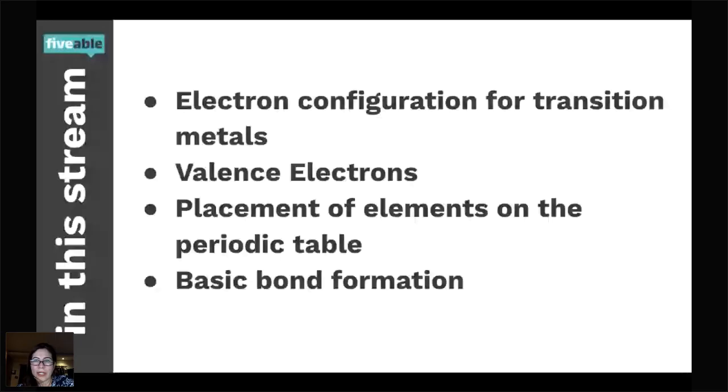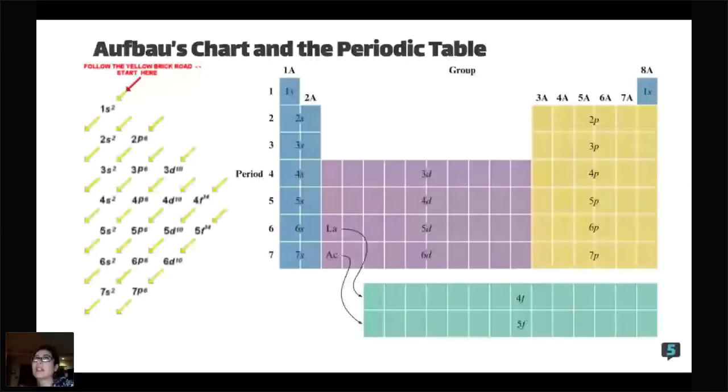Just a reminder, last video we covered how to do electron configurations using our Gauss chart and using the periodic table. Since in the AP exam and always in chemistry we have access to a periodic table, it's easier to do it using the periodic table.